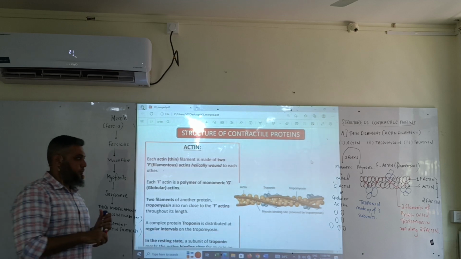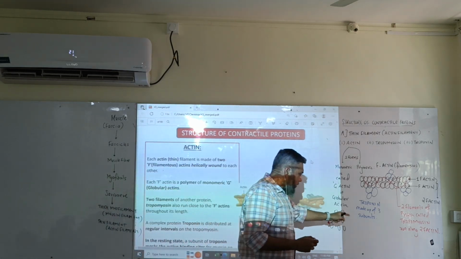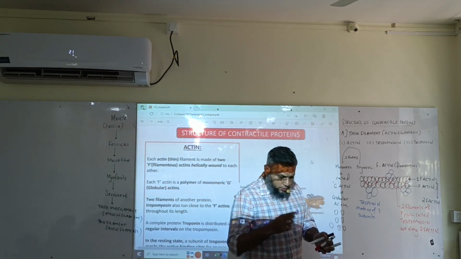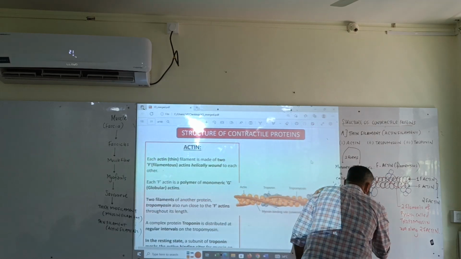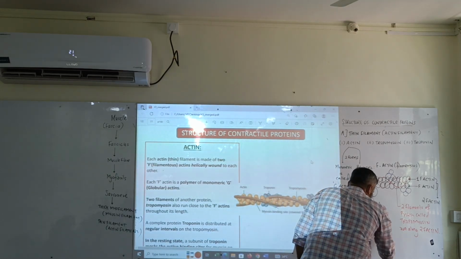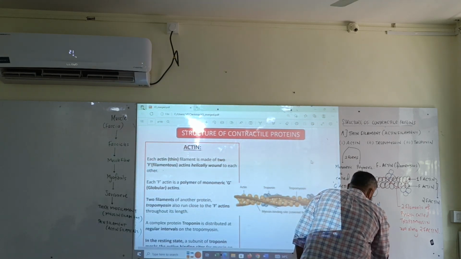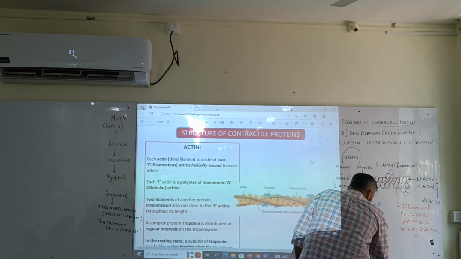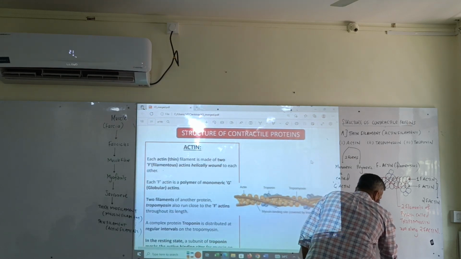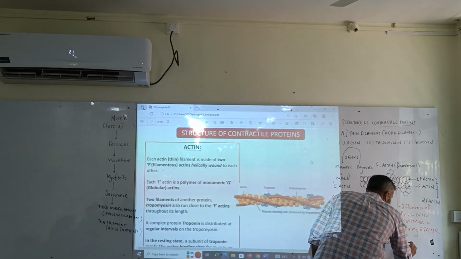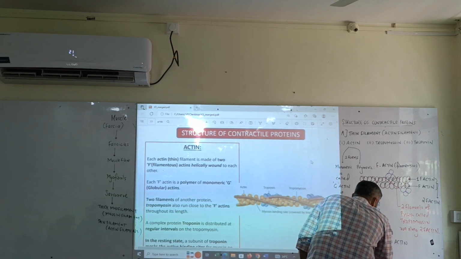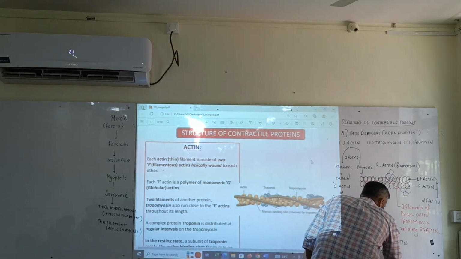Yes. So listen, the troponin is made up of how many subunits? 3 subunits, which mask the myosin binding sites on actin when the muscle is not contracting.